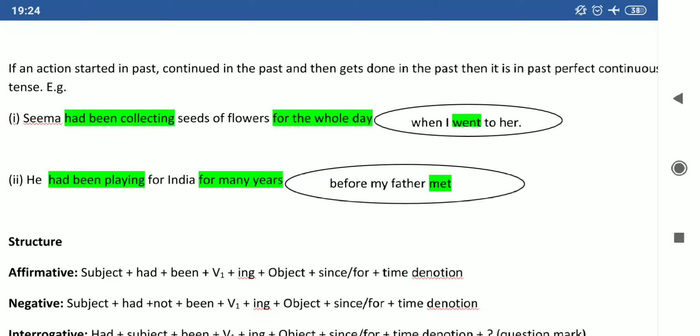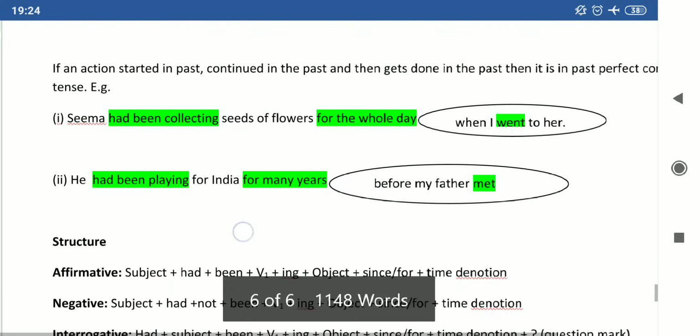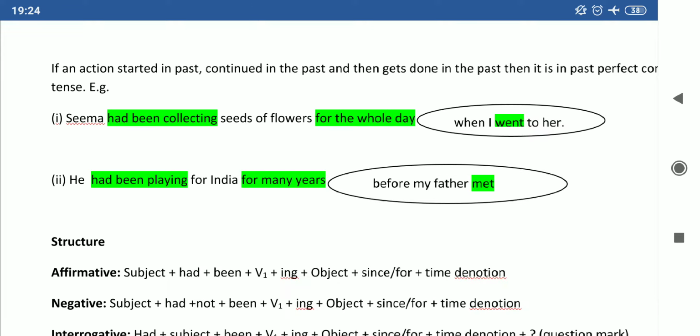So here we want to tell this part which is kept in the oval shaped circle. Whatever is circled is written to tell you that this is the time denotation, the time when that particular action was going on. And it is also told that it started in past. Seema had been collecting seeds of flowers for the whole day.